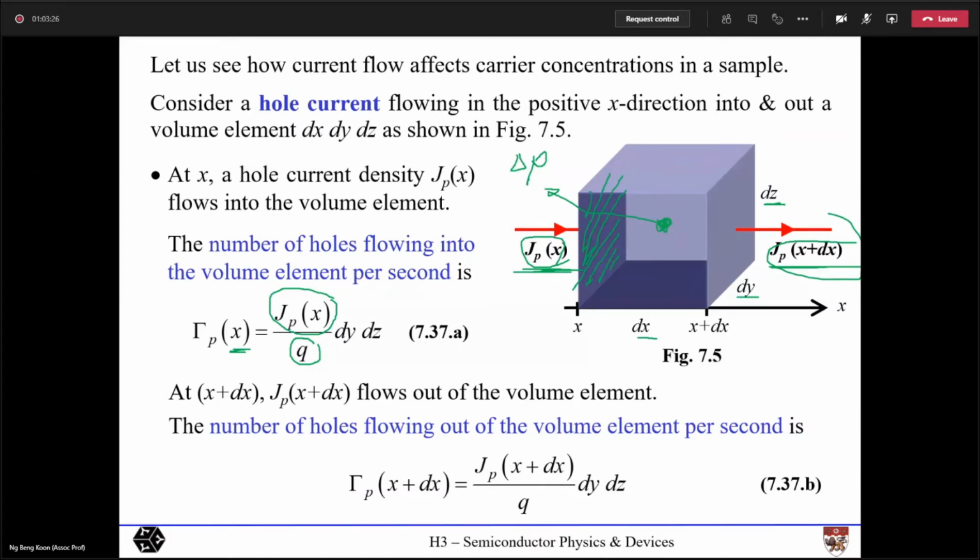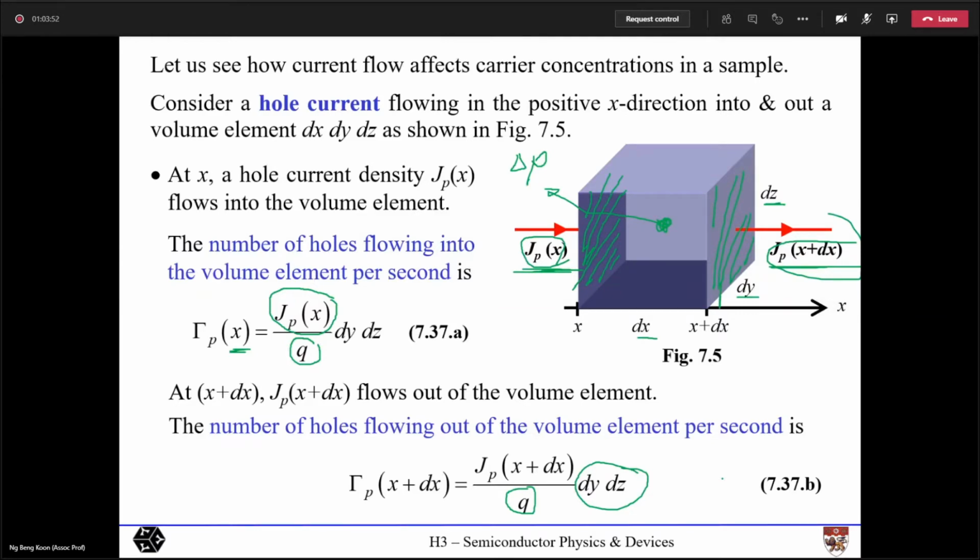Similarly, we can define how many holes leave the box from this other face. If you know the current coming out from this face, Jp x plus dx, then similarly we can divide this by q and multiply by the cross-sectional area dy dz to find out how many holes are coming out of the box.